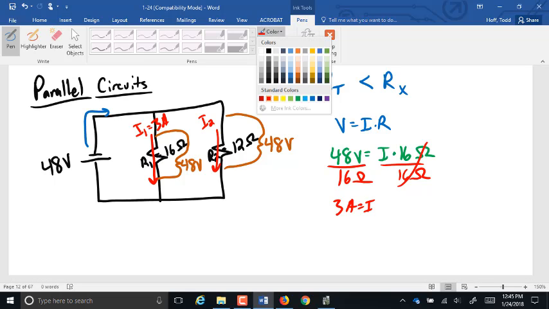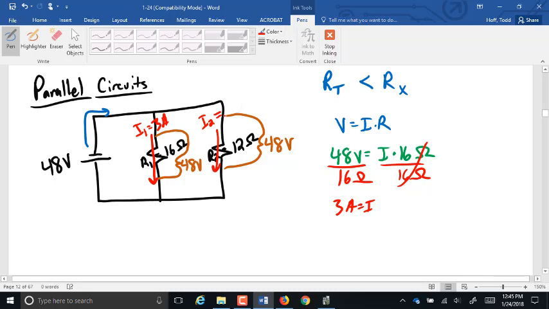So that's 3 amps. What do we get for the current in I2? 4 amps. Very good. Because that's just going to be 48 volts equals I2 times 12 ohms. Divided by 12, we get 4 amps there.